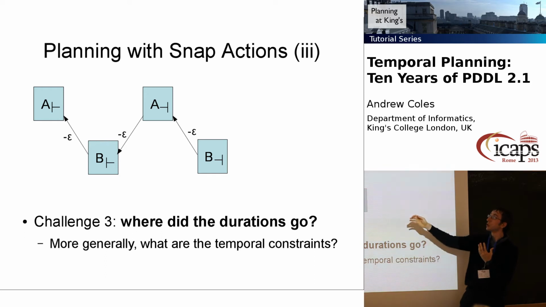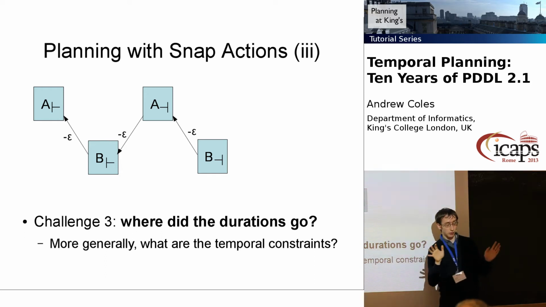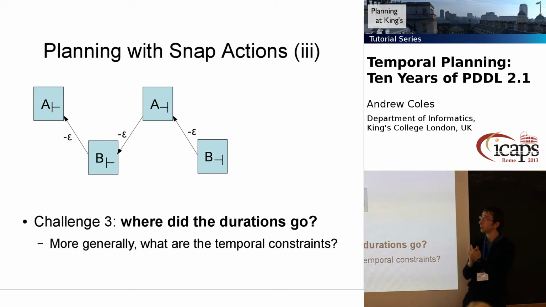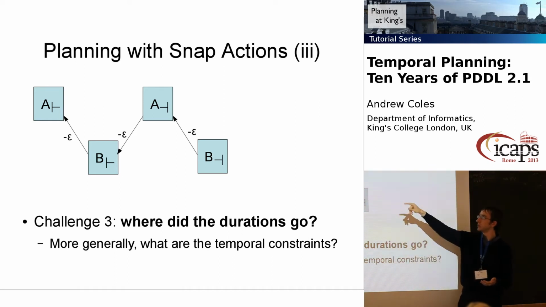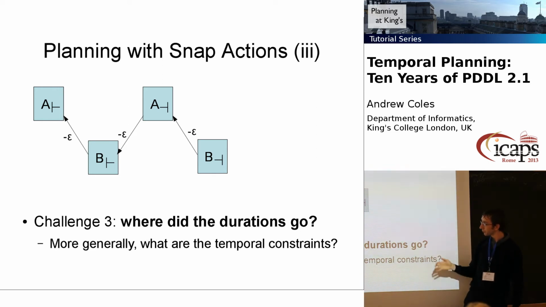So when you do sequential planning, so not temporal planning, you're just doing sequential classical planning, you can just say everything is separated by epsilon, and those are our sequential plan steps. So let's inherit that for now. Let's suppose we're doing forward chaining search. We can keep these epsilon constraints in and insist that our steps are strictly, totally ordered one after the other. So that's everything we got from classical planning.